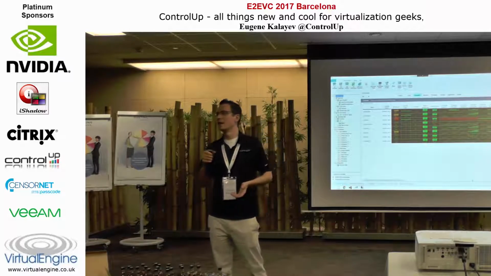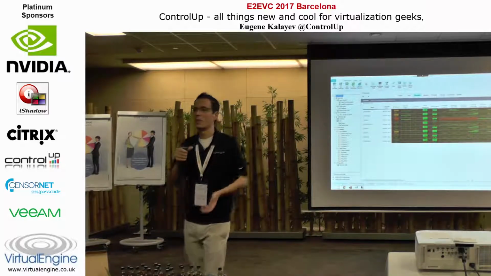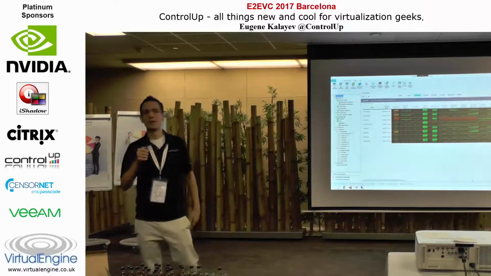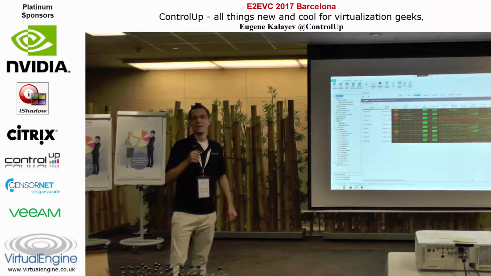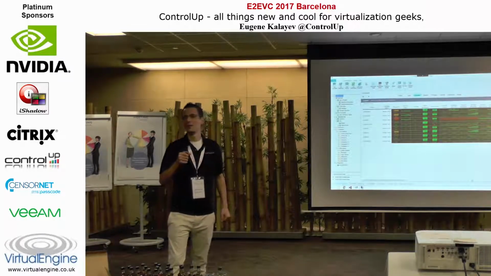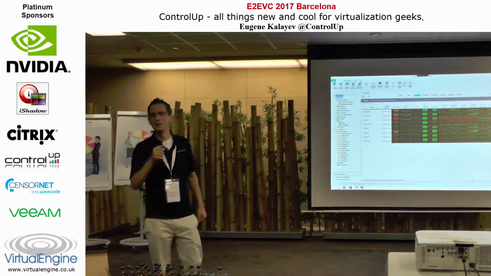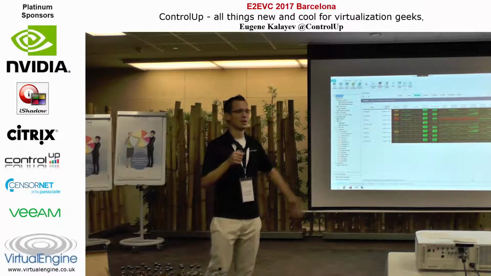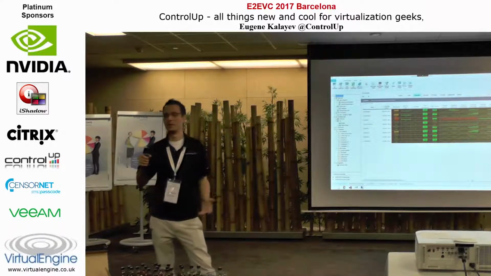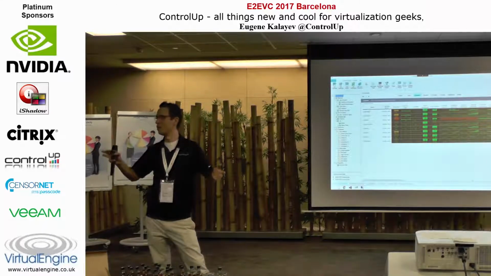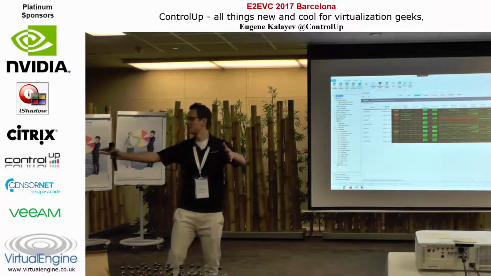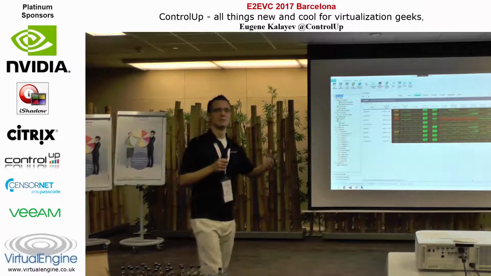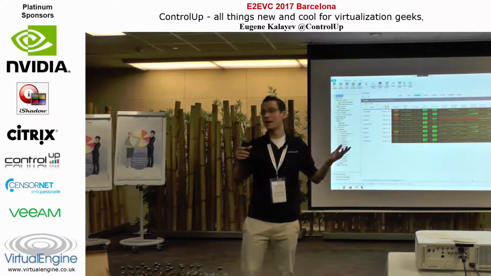And since then, we've been gaining traction, and now we have a little bit more than 700 customers worldwide. And the company itself is now almost 60 people, which is, to me, mind-boggling, because a few years ago, all the people who did ControlUp could fit at this one table. And a lot of it is thanks to you guys.